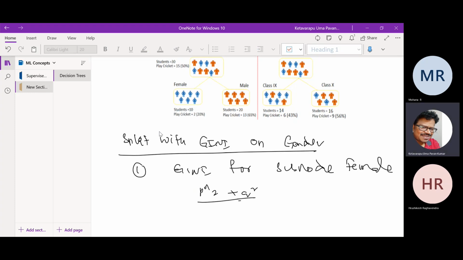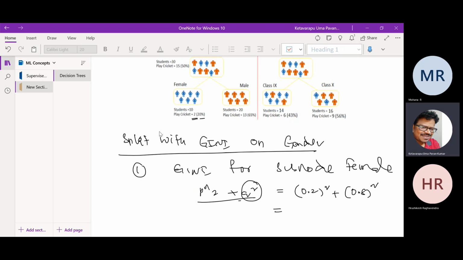Now, what is the P? P means the positive probability. So here, female members, how many are willing to play, friends? 20% out of these. This is 20% of the people, so I can say 0.2 probability. Just apply the square. Q means the negative probability, 1 minus 0.2, what is the value? 0.8 whole square.